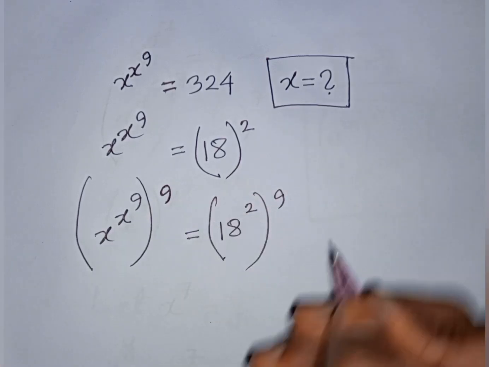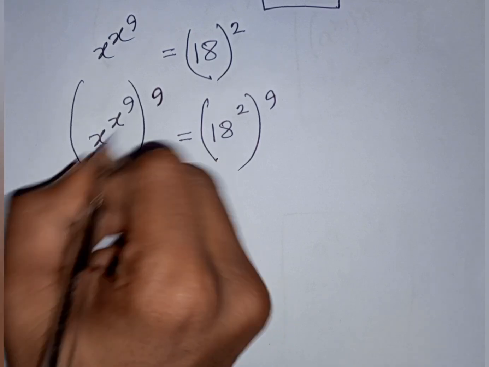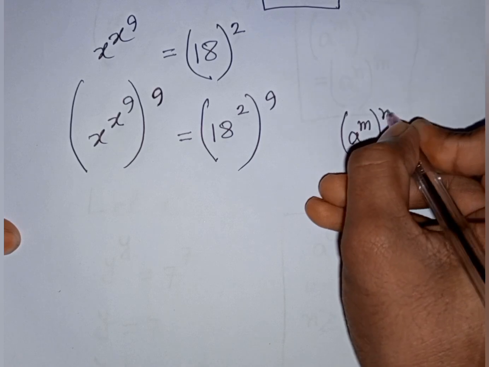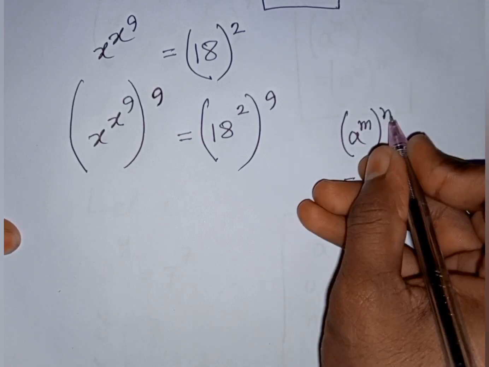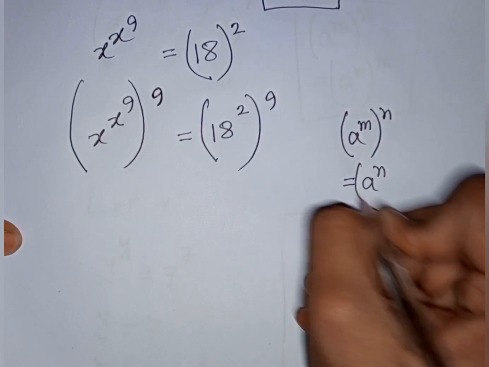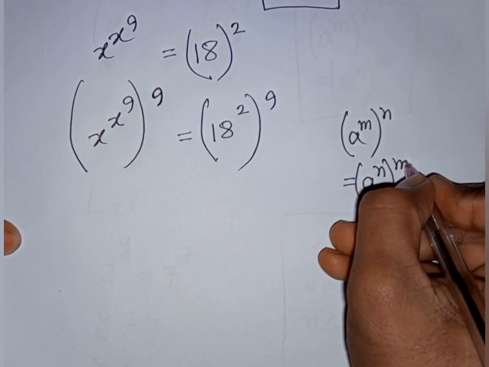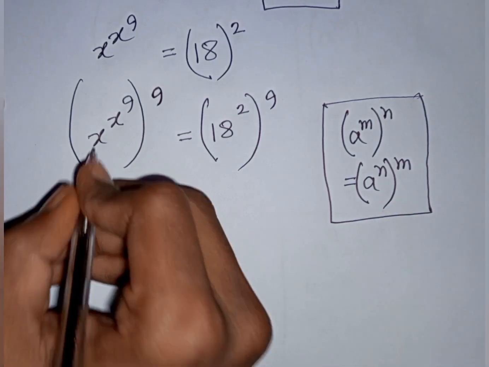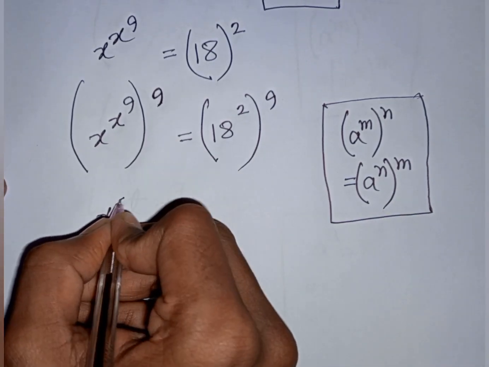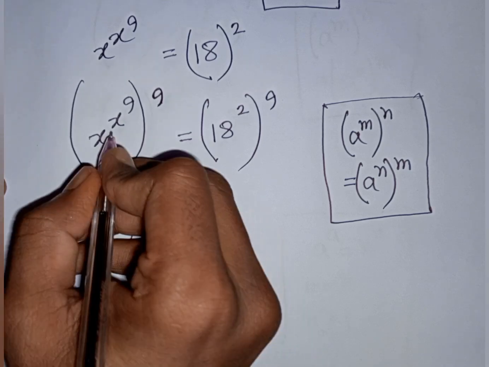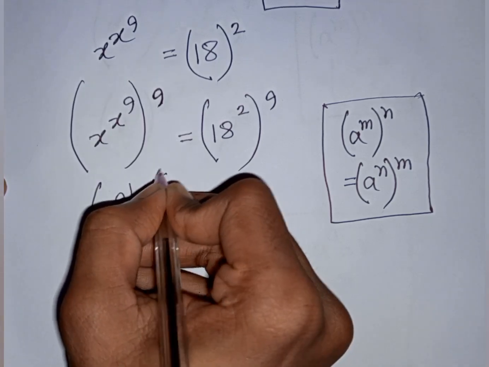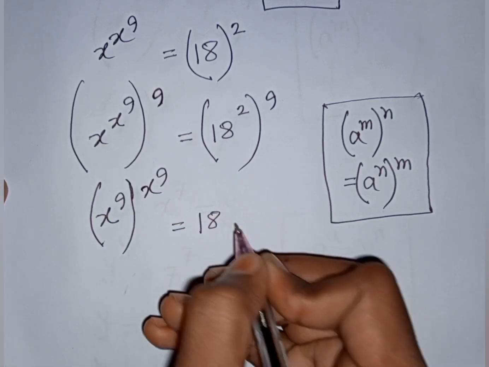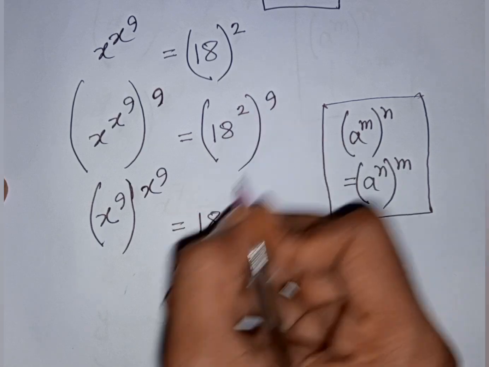Here we can apply this exponential rule that (a power m) bracket power n is equal to (a power n) bracket power m. So according to this rule, we can write (x power 9) bracket power of x to the power 9 is equal to 18 power of 2 times 9, that means it will be 18 power 18.